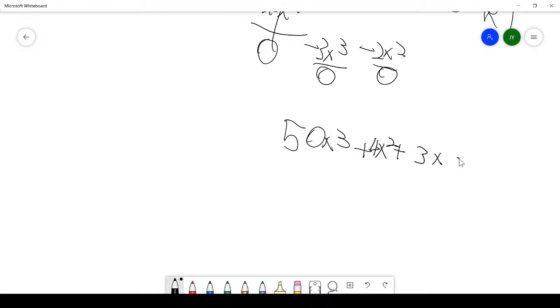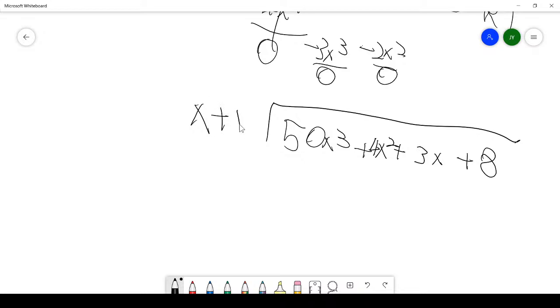Something random like this. Divide this by x plus 1. So when you work with these, because x is always of the highest denomination, you don't need to account for the 1 when you try to figure out how many times you can put this into this. So divide 50x cubed by x, so it becomes 50x squared.